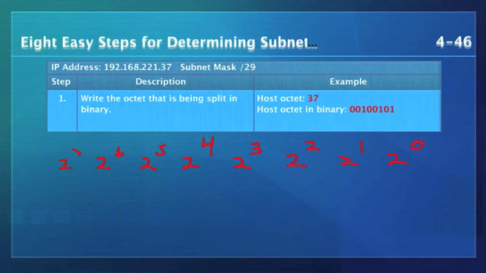Okay, so here's our conversion chart. 1, 2, 4, 8, 16, 32, 64, and 128.